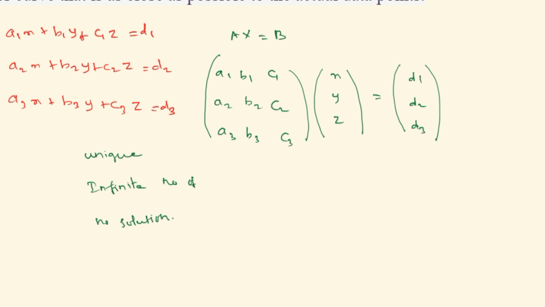After you solve this system, we have the solution x naught, equal to x naught, y naught, z naught. Then we substitute these values x naught, y naught and z naught into the main equation. After finding the solution, you form the equation of the line or the equation of the curve.